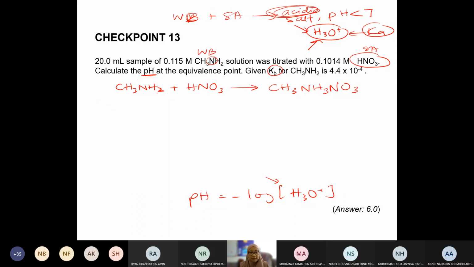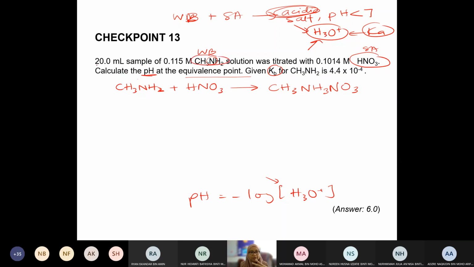We need to find the mole of any of these two. Why? Because at the equivalence point, the mole for acid and base should be the same. So once we get one, we automatically know the other. We can calculate the mole of whichever has information here.